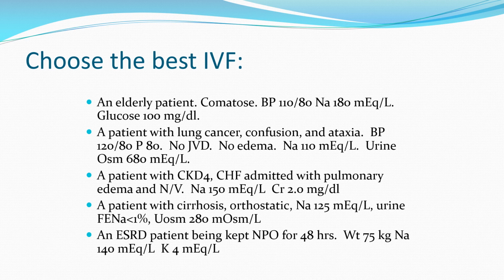But even dialysis patients who are kept NPO for extended periods of time need water to prevent dehydration. So here you could give D5 half normal saline at 75 mL an hour. He or she doesn't need potassium in the fluid since there's no obligatory wasting of potassium in the urine, since the urine output is expected to be negligible.